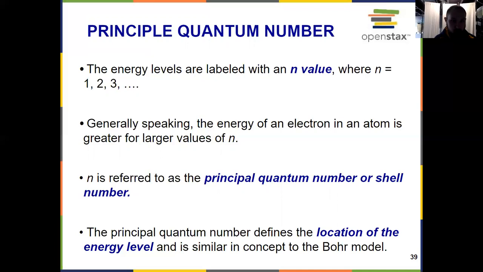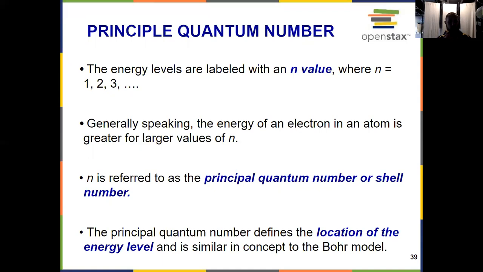That's called our principal quantum number, also known as the shell number. Okay, and this talks about our energy level. Okay, if we think about the shells of an atom being kind of concentric circles, getting larger and larger and larger, radiating out from the nucleus, this is what our N helps describe.